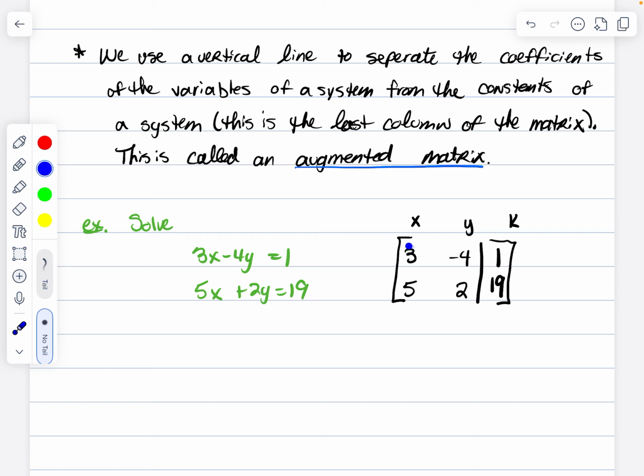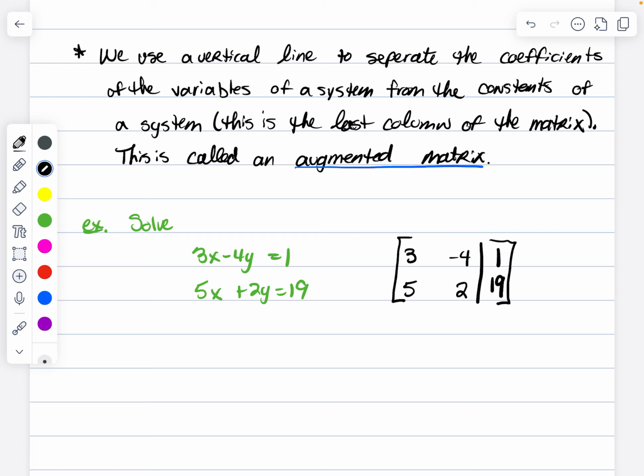It's in our best interest to make this a 1 so that we can manipulate the top row and eliminate this x variable. It's really the same thing we already did. Normally, you will not see these letters written above it; I did it for teaching purposes.